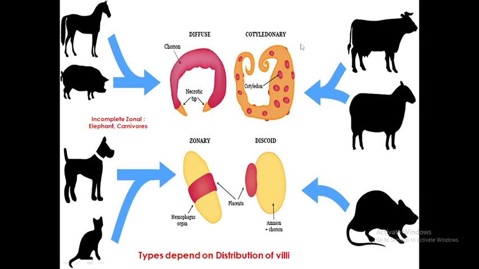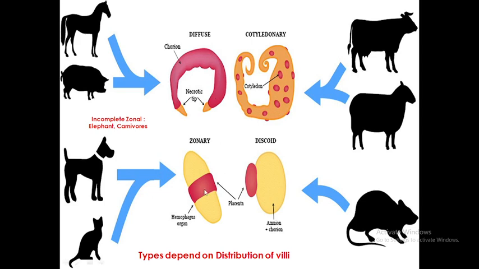If we observe the cotyledonary placenta, here the chorionic villi are present in bunches, in groups or cotyledons, and there is a smooth surface between two different cotyledons. So this is called a cotyledonary placenta. Generally, it is present in the sheep and the cow. The diffuse type of placenta is present in the pig and the horse.